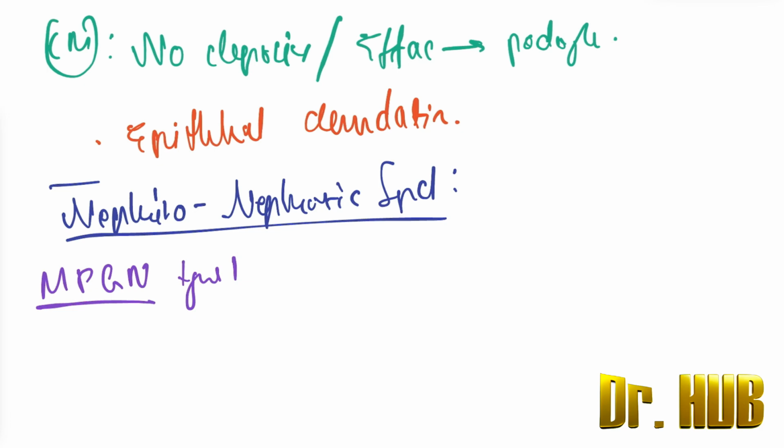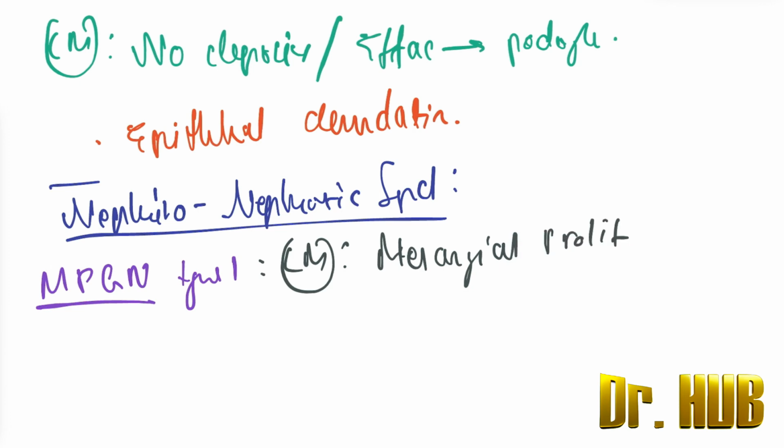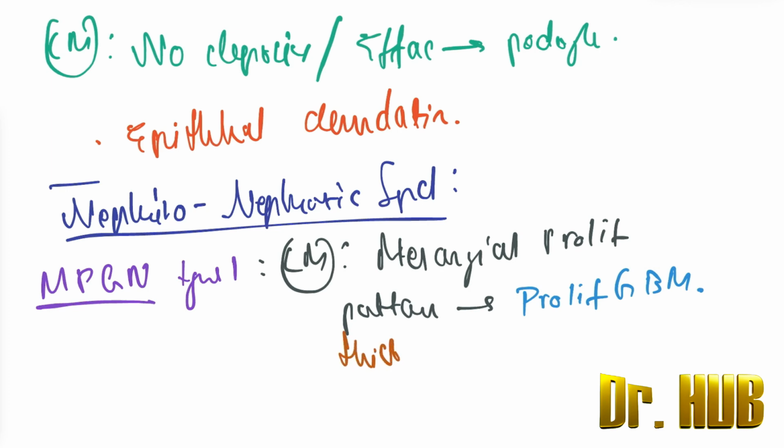Upon the light microscopy, there is a mesangial proliferative pattern, with GBM thickening and splitting.